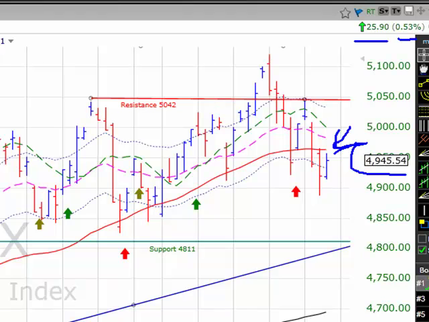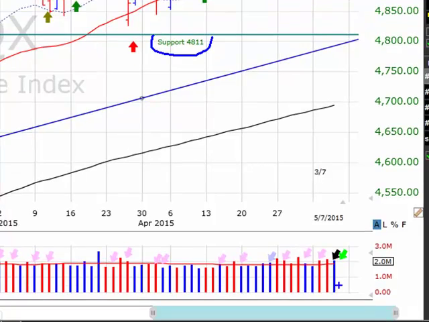Nasdaq closed near the top of its daily trading range, which is a little bit of a short-term bullish signal. Right now, the Nasdaq is bracketed by support down here in the 48.11 area and resistance up here in the 50.42 range. The Nasdaq is on a don't buy signal on our 1 to 6 month timing model.